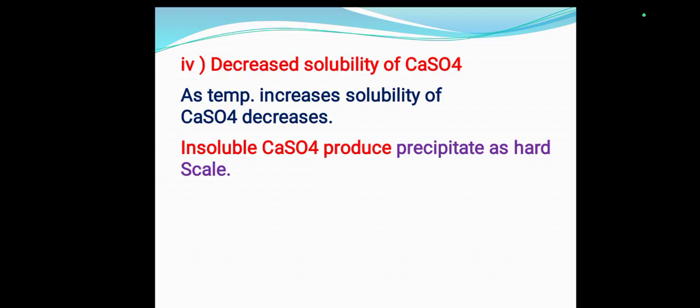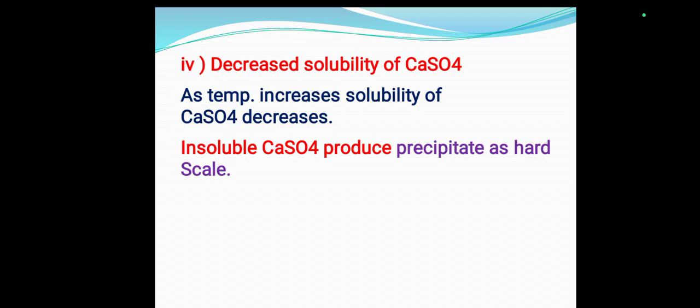So as the temperature increases, whatever calcium sulfate is there in the water becomes insoluble, and the insoluble calcium sulfate produces a precipitate, and that precipitate is responsible for scale formation. So simply, temperature increases, solubility of calcium sulfate decreases.